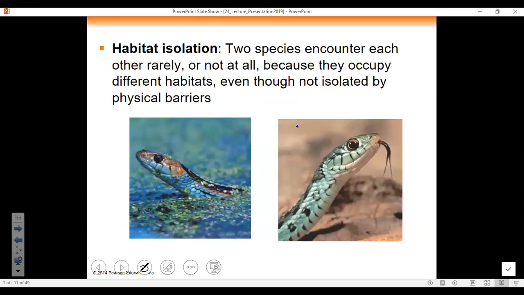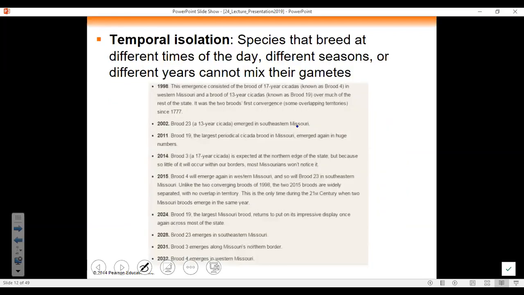Well, habitat isolation I had already talked about with these two living in different areas. Temporal isolation, we see this here in Missouri. If you guys remember, a few years ago now, we had the largest, grossest cicada problem in the world.